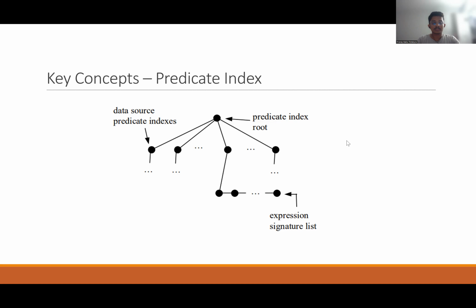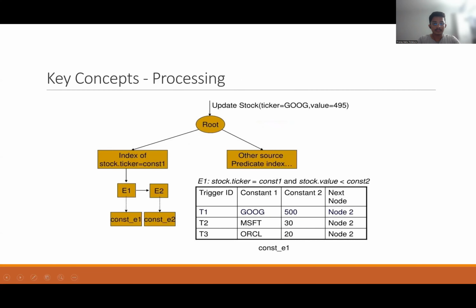Now let us consider the key concepts in the predicate index. The given figure shows the predicate index, in which the data source forms the predicate indexes and gives the values to the predicate index root, which are extracted from the expression signature list. Now coming to the processing of the predicate index, we update the stock whose ticker value is Google and the value is 495.